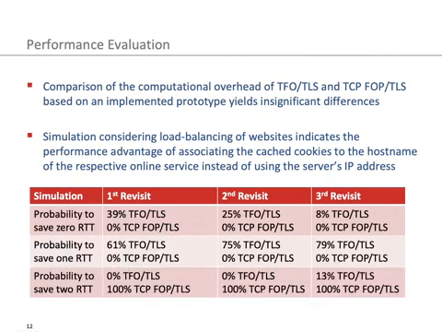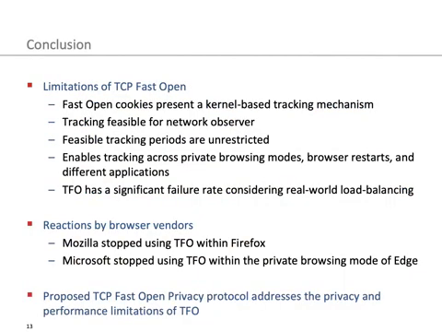For the proposed TCP Fast Open Privacy protocol over TLS, we always find that it allows, in this scenario, to save 2 round-trip times, which in total is a significant performance advantage of our proposal.